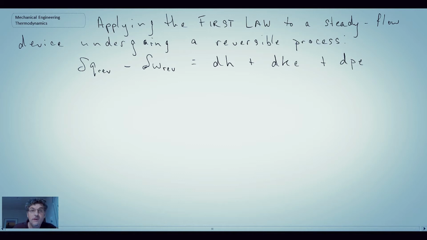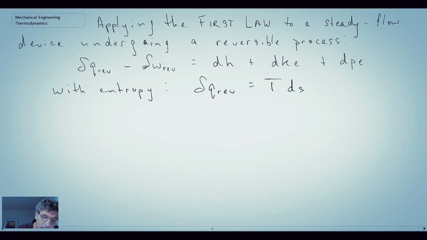Now we're going to pull in our definition of entropy as well as Gibbs' equation. With entropy, we saw when we discussed the Clausius inequality that entropy can be expressed that way. And we also came up with Gibbs' equation.